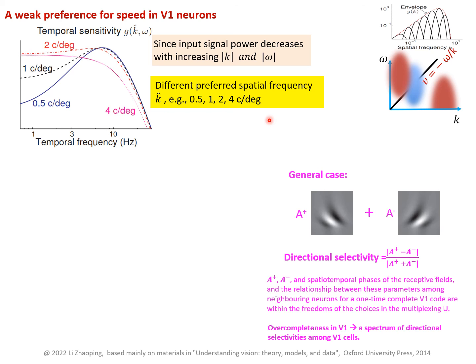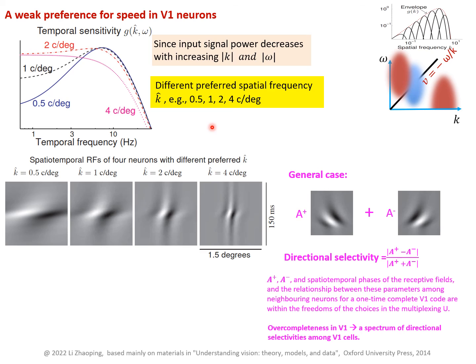For these 4 different spatial frequency bands, for example, these are the types of spatial temporal filters we could expect. Again, space is along the horizontal axis and time is along the vertical axis, with 0.5 cycles per degree, 1 cycle per degree, 2 and 4 cycles per degree, and so on.